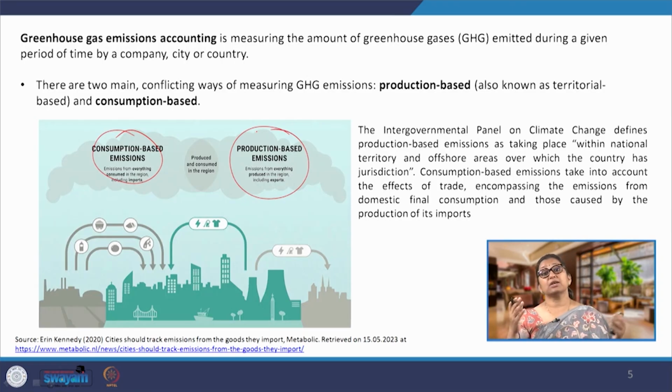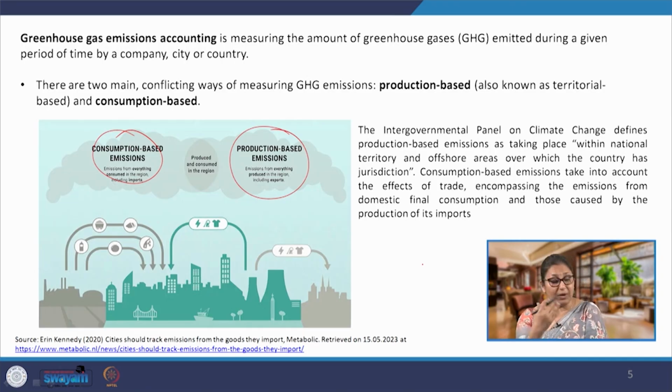So, we have to take stock of all that is being imported, and then we also have to account for the pattern of consumption, how much is getting consumed, of all the goods that are going to be there. So, often the numbers that you will find are production based emissions most of the time. Very few cases are available where we have consumption based emissions also.